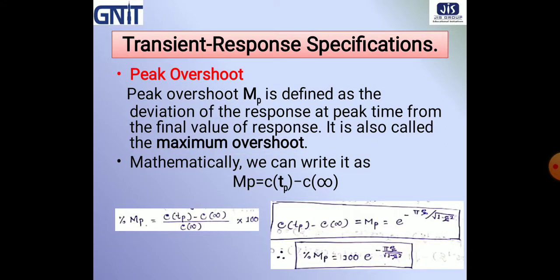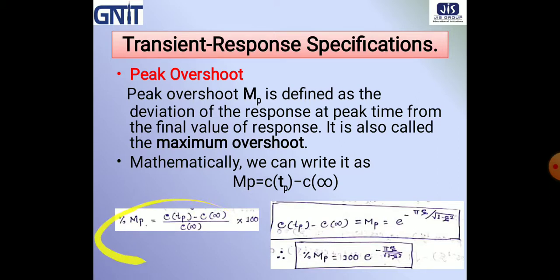Mathematically, peak overshoot can be written as Mp is equal to c(tp) minus c(infinity). That means the difference between the response at peak time and the response at infinity. So that is our peak overshoot.